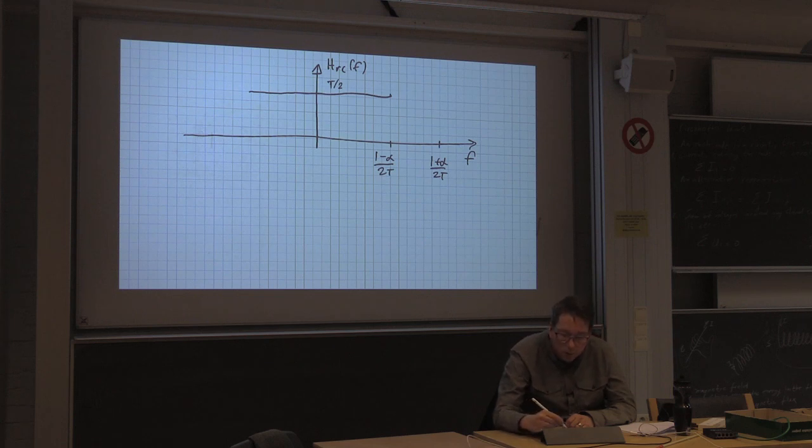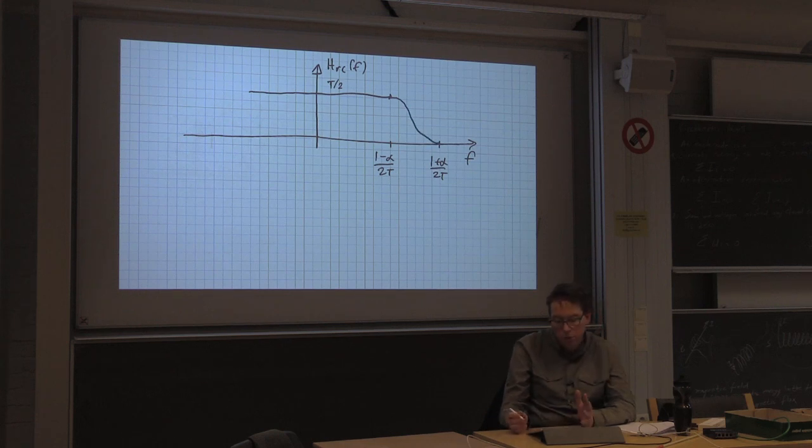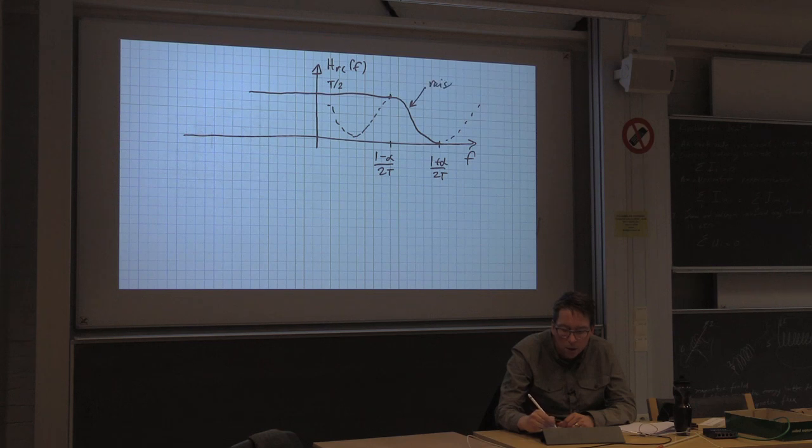If you think of a cosine, let's see if I can draw something briefly, with some imagination you can think of this as a cosine. It can continue like this, for instance. So this is the raised cosine part.